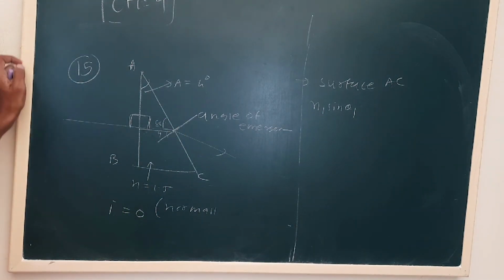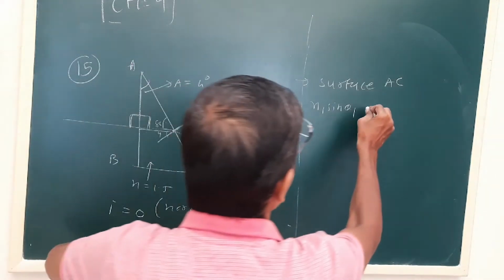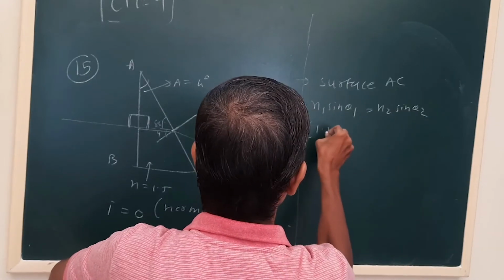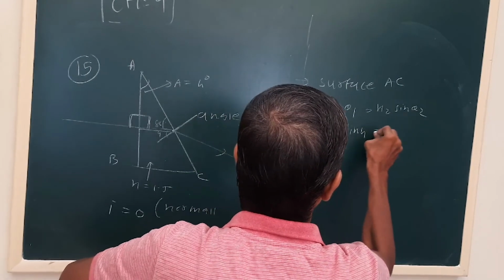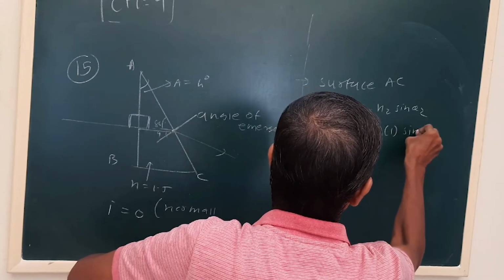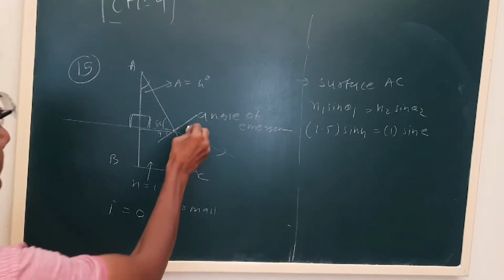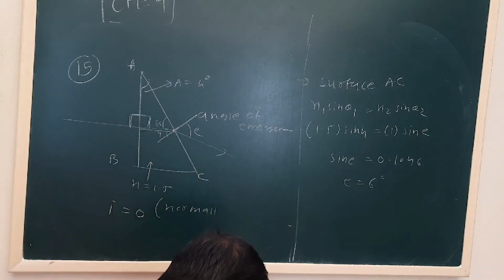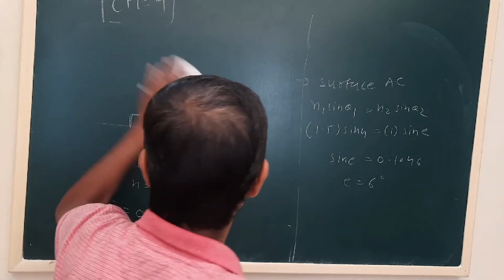Now we use Snell's law for the AC surface: n1 sin theta 1 is n2 sin theta 2. n1 is 1.5, sin 4, n2 is 1, theta 2 is our e. Okay, theta 2 is e. Now this turns out to be 6 degree. This is how we can solve.